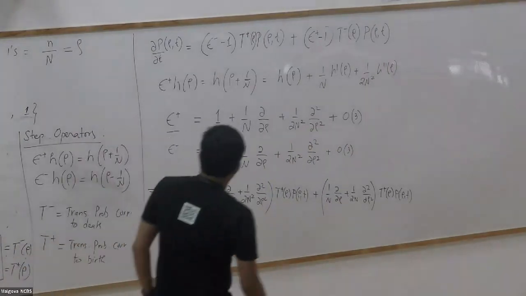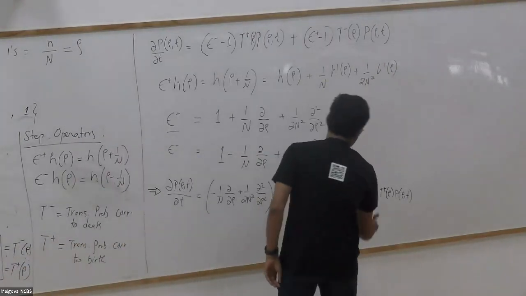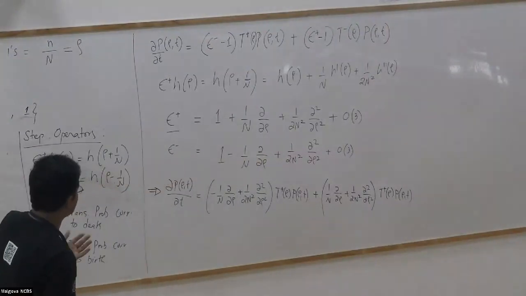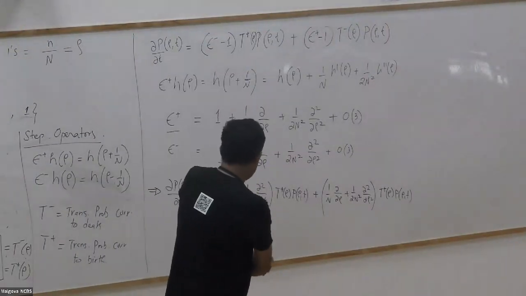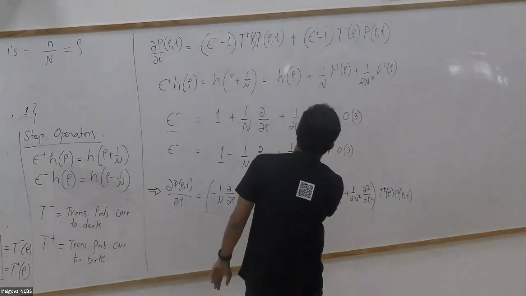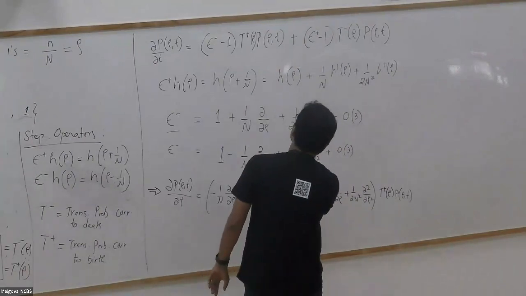Yes, it is n square. Okay, now you can see what happens. I have messed up something. One of them is t plus, right? And this is t minus.